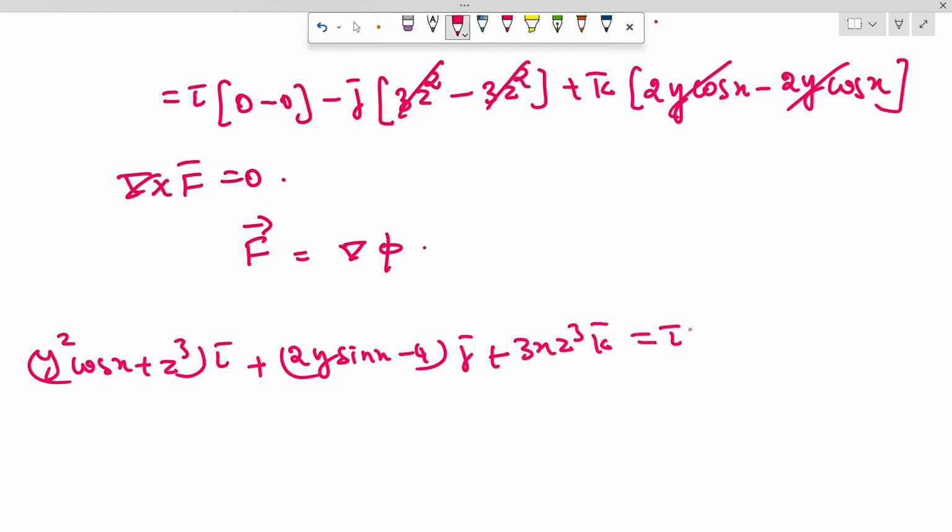Write the expansion for del phi: i vector into dou phi by dou x plus j vector into dou phi by dou y plus k vector into dou phi by dou z.